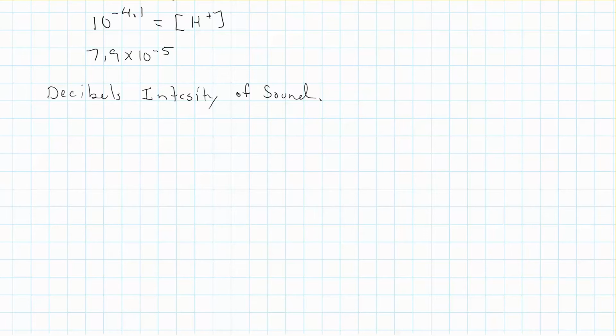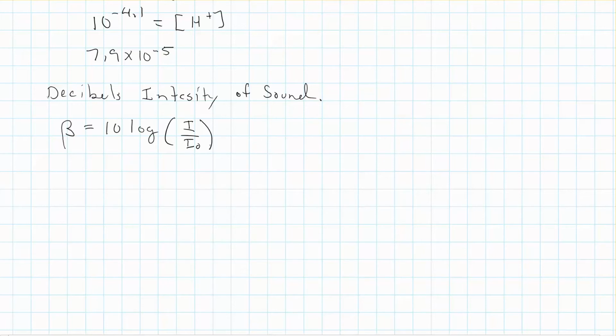So what we're going to do here is go ahead and define it. We have an equation, and the equation here is given by, well, they use beta, and it's given by 10 log of I over I0.